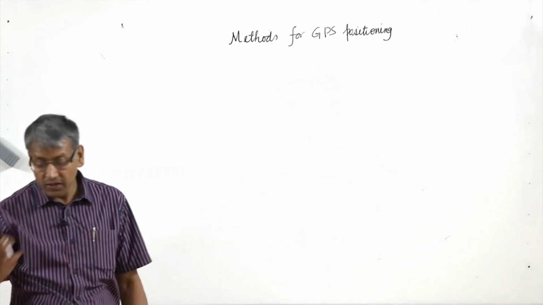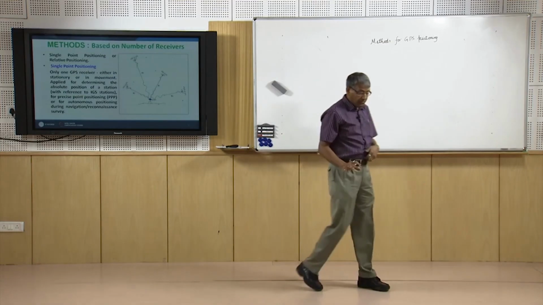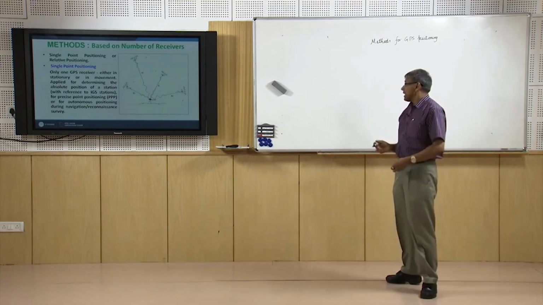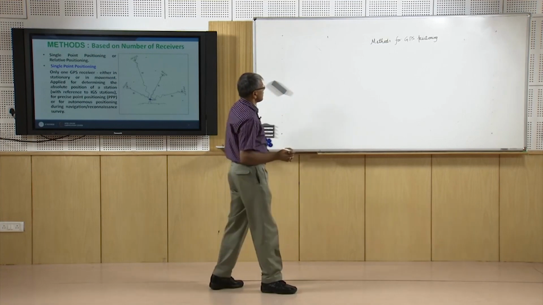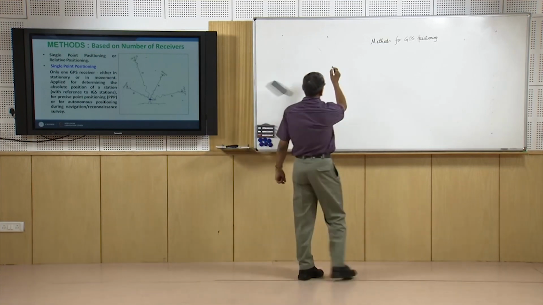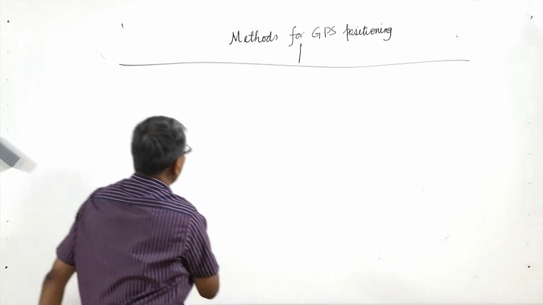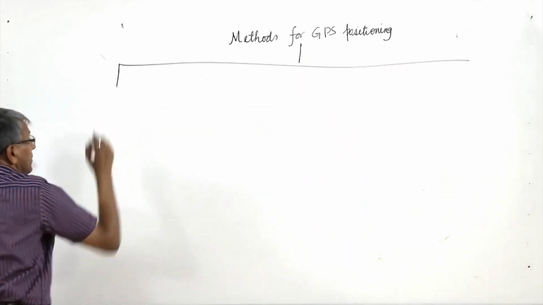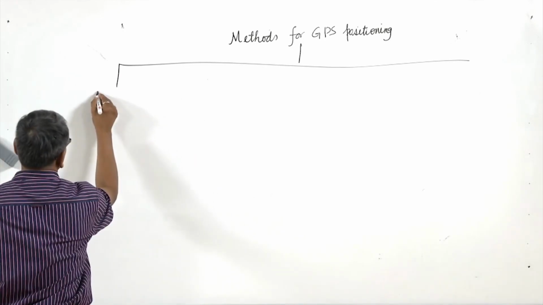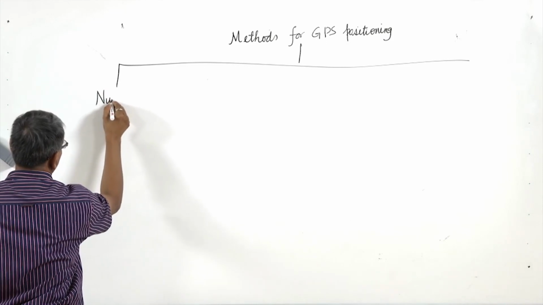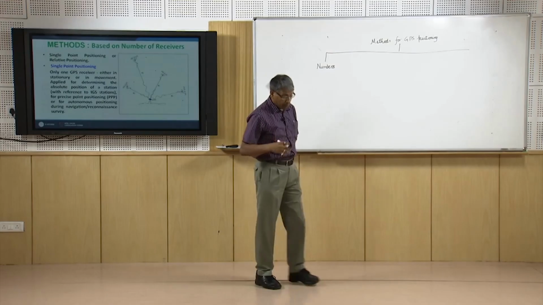There are different methods available for GPS positioning, and they may be classified into different categories, but I have considered all the methods under 3 categories. First, on the basis of the number of receivers that has been used in positioning.